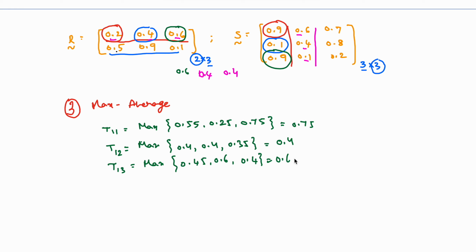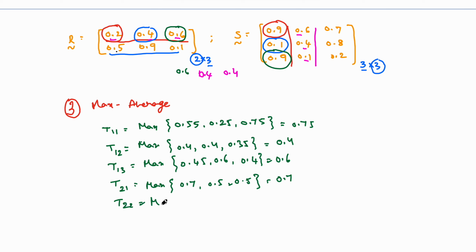The maximum out of these three is 0.6. And T21 is 0.5 and 0.9, it is 1.4, so it will be 0.7, comma 0.9 and 0.1 is 1, so it is 0.5, again 0.5. So the maximum will be 0.7.